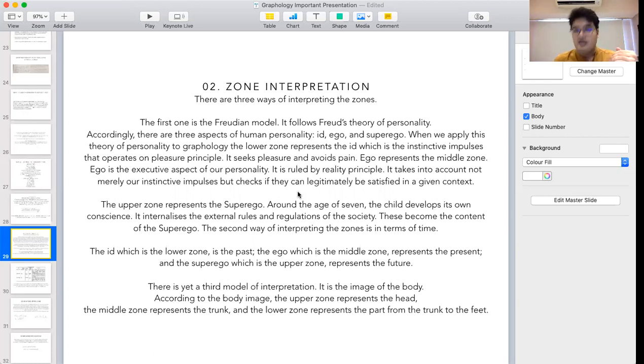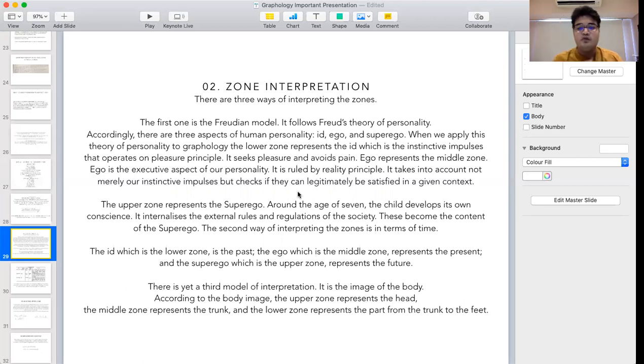The upper zone represents the super ego. Around the age of 7, the child develops its own conscience. It internalizes the external rules and regulations of the society. These become the content of the superego.